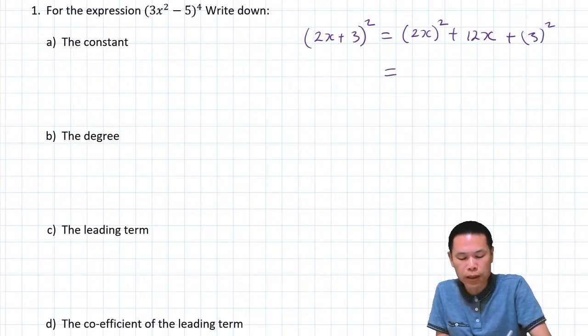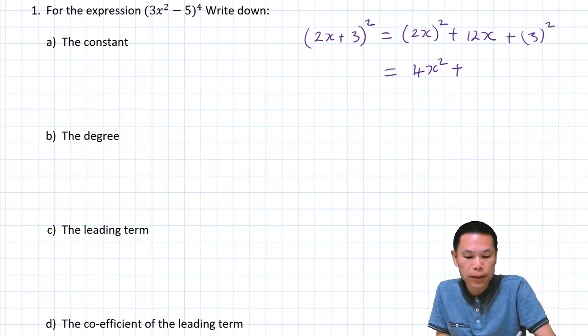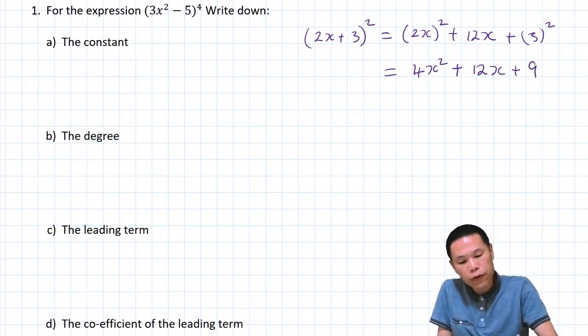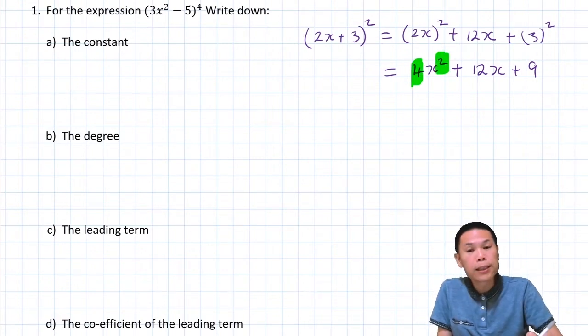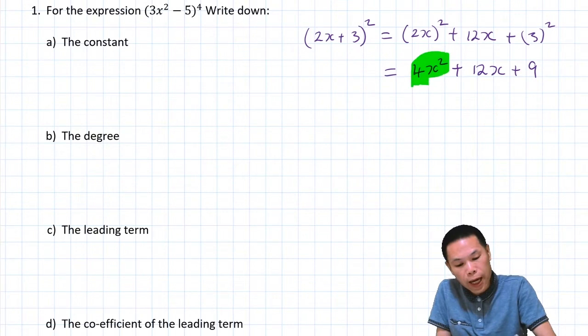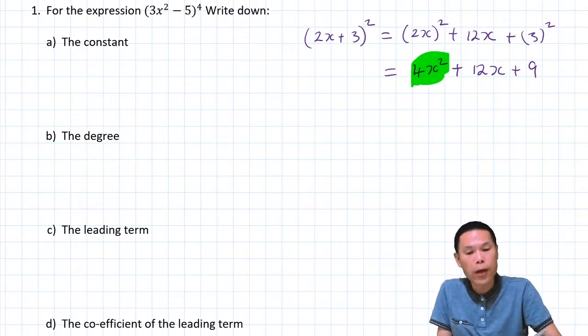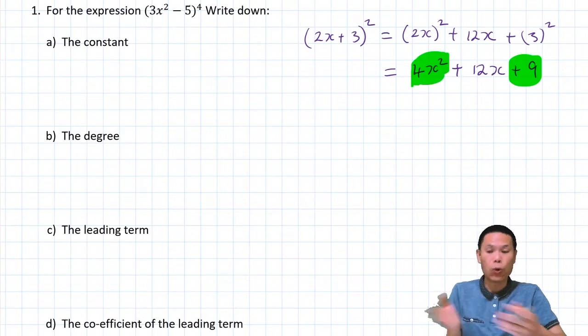I just simplify this first. So that is equal to 4x squared plus 12x plus 9. So the coefficient of the leading term is 4, and the degree is 2. This is the leading term, 4x squared, and this is the constant. So you can answer all the questions.